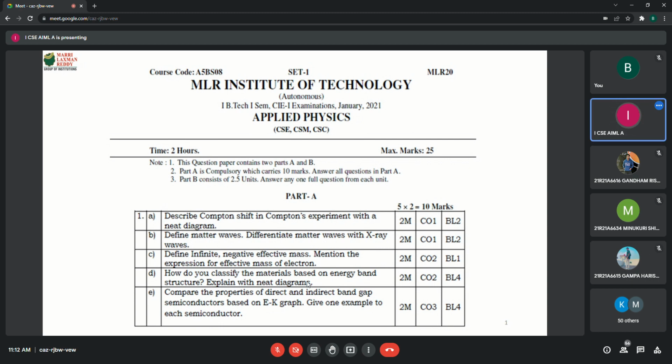For conductors, the energy band structure diagram shows the conduction band overlapped with the valence band, and its 3 or 4 properties. Again, insulators, diagram and its properties, and semiconductors, energy band structure diagram and its properties. Overall it may be completed within one page itself.